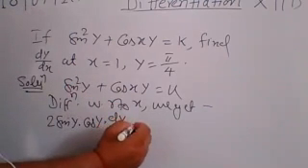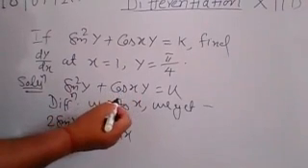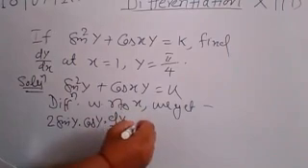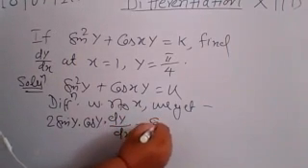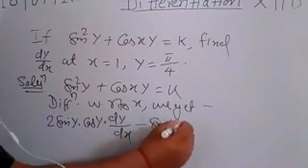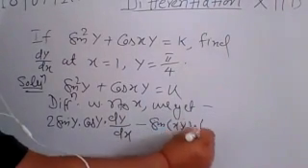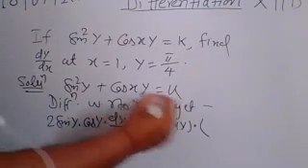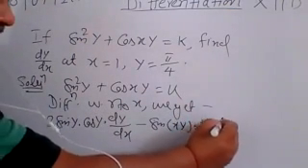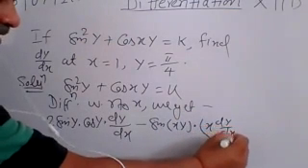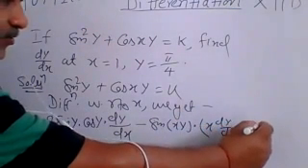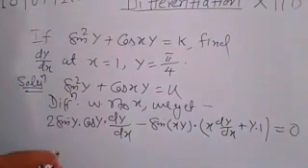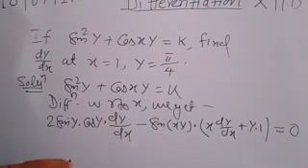For cos xy, treat it as cos x, and the differentiation of cos x is minus sine x. So you write minus sine xy, and for xy you have to take the product rule: first function x, derivative of second, dy by dx, plus y into 1, and that is equal to 0.